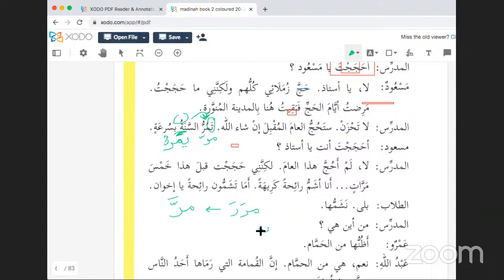And yamruru, also this is difficult to pronounce, so therefore this will become yamurru.